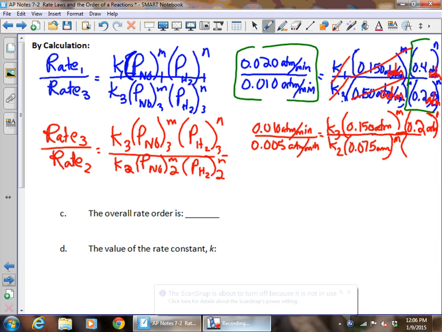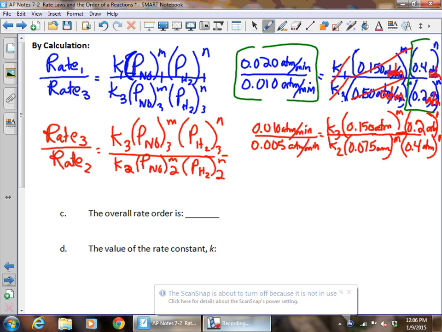And then for reaction 2, it is 0.4 atmospheres. And again, we can raise those to the first power. So correct those units real quick. My fault for getting those incorrect, but you can fix them.